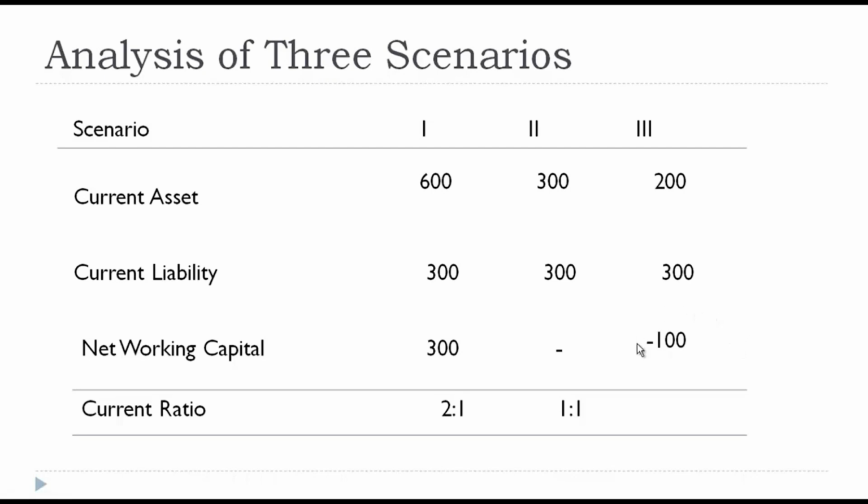It means this 100 out of this 300 has not gone for current asset, it has rather gone for non-current asset. So what will be the implication? Once the short-term funds goes for long-term purposes, it will invite unwanted troubles. And here what is the current ratio? It is 0.67:1. For every 1 rupee of liability, the current asset available is only 67 paise.